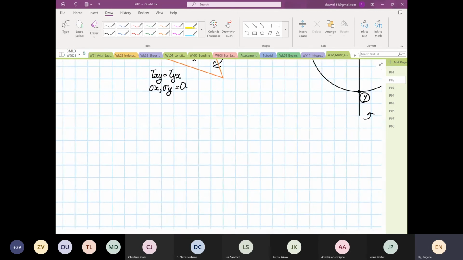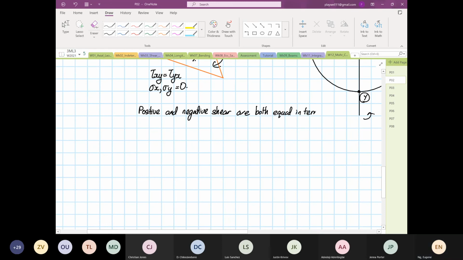So the answer is positive and negative shear are both equal, in terms of stress state situation.